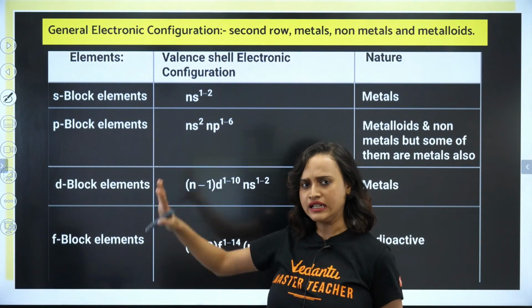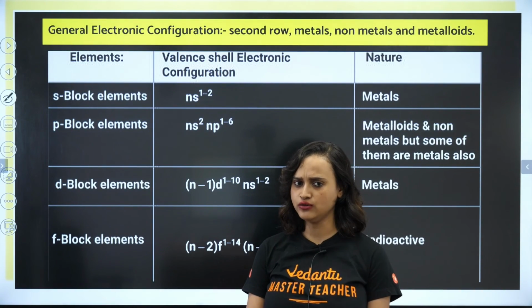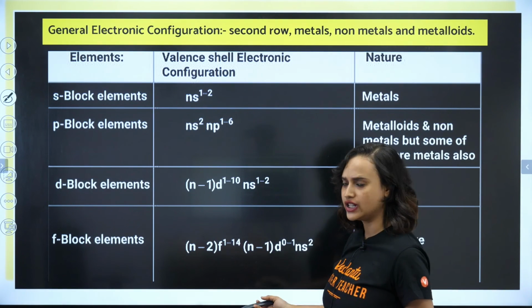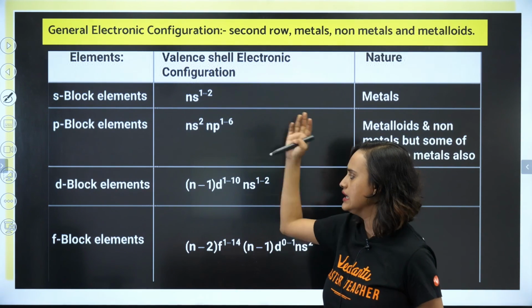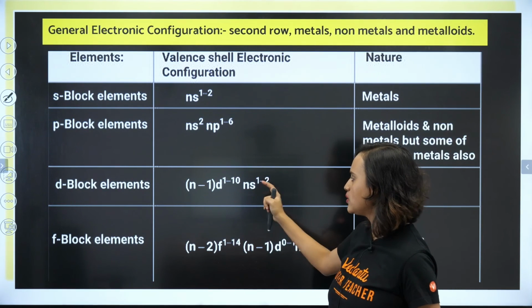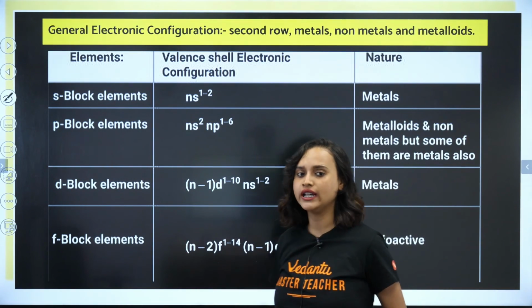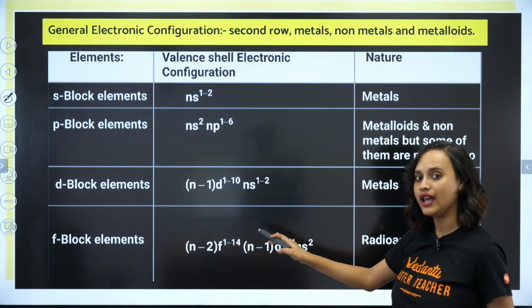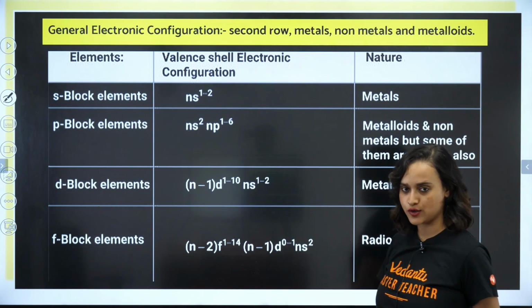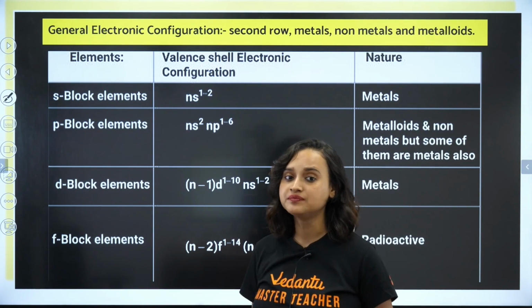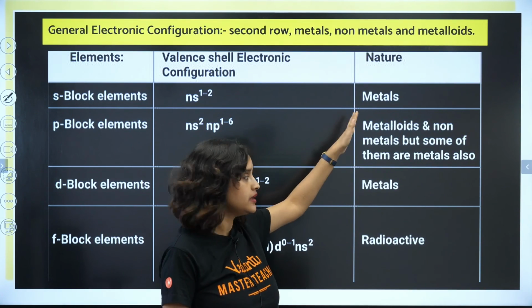So finally, here is a chart that summarizes everything for you. You have the electronic configuration here. For S block, it is NS1 to 2. For P block, it is NS2 NP1 to 6. For D block, it is N-1 D1 to 10 NS1, 2. For F block, it is N-2 F1 to 14, N-1 D0 to 1 and NS2. What is the nature? For S block, it is metals completely.